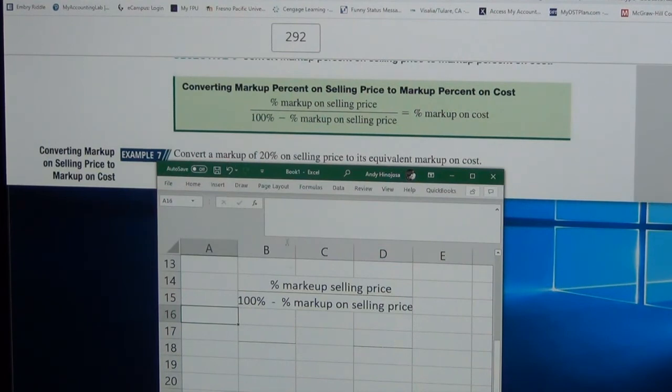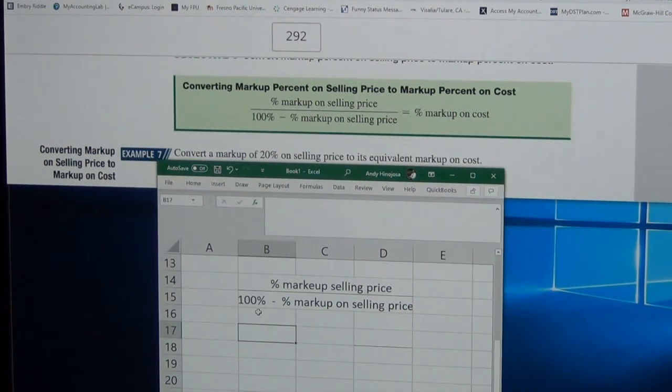So we've got our markup percent on selling price. This is 20%. And that's going to be divided by 100% minus 20%, that is, 100% minus the percent markup on selling price.